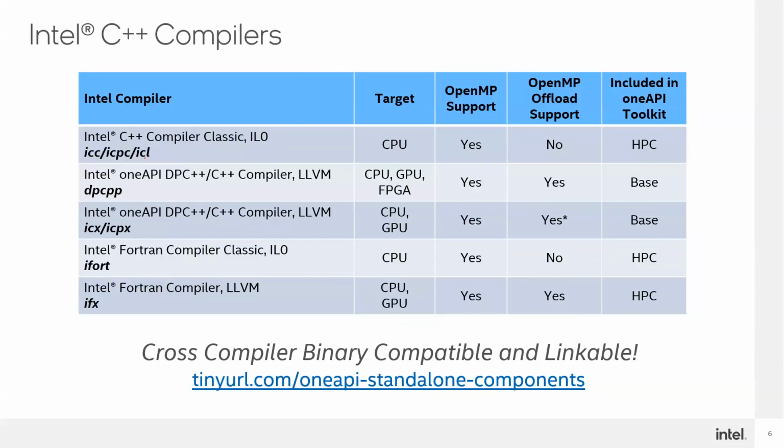So there is one set of compilers which are IL0 or classic compilers, right? And there are LLVM-based compilers like DPC++, ICX, and Intel Fortran compiler. The important note is that both these compilers are actually exactly the same binary at the backend, right? So these are just two different commands to invoke this real compiler on the backend.